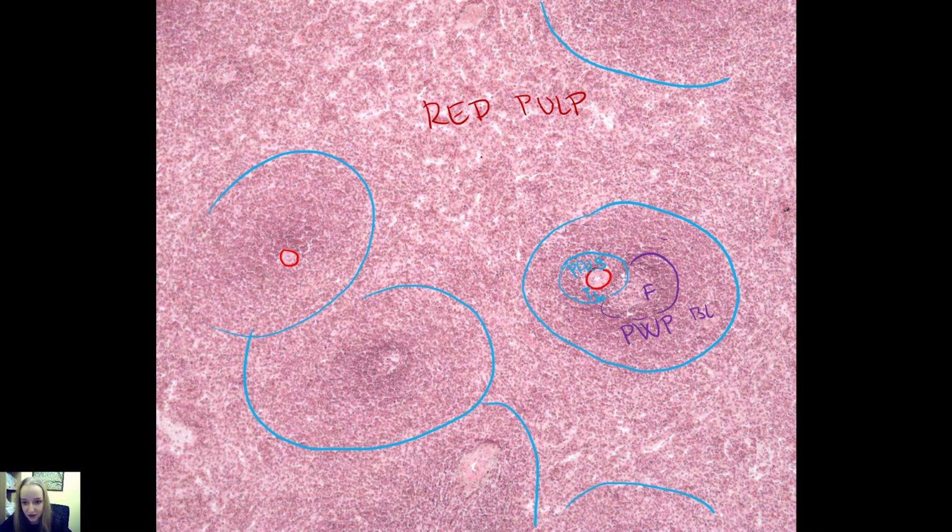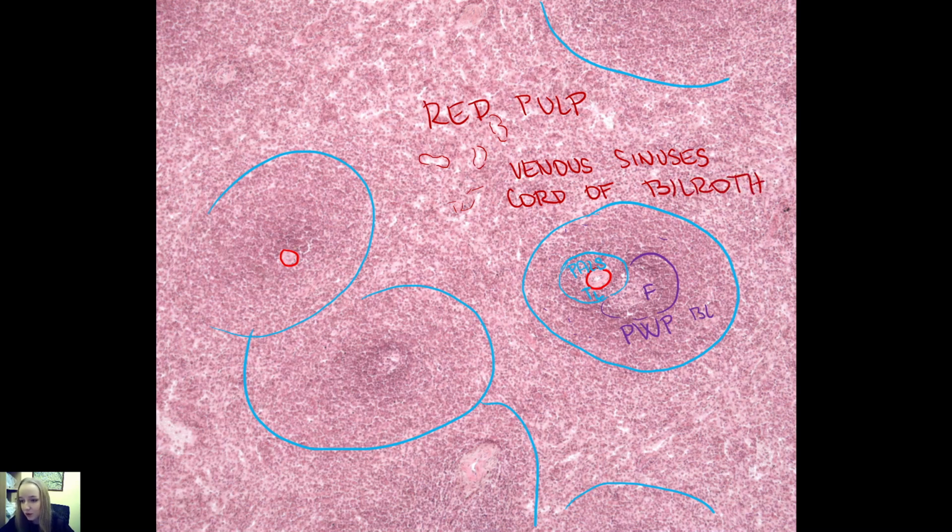Red pulp is made of sinuses, so these spaces over here are venous sinuses. And you can see some tissue around here. Don't forget the supporting structure is reticular connective tissue. So we basically have reticular connective tissue here. But what else? These are called the cords of Billroth.